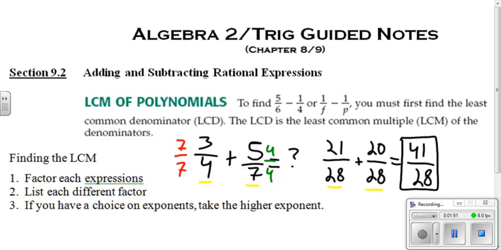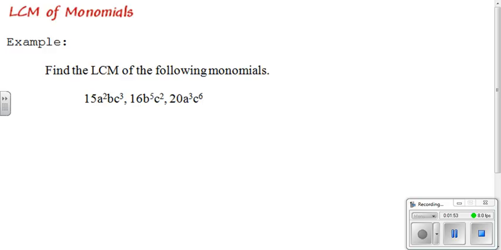Now we're going to look at how you do this when looking for the least common multiples of different polynomials and monomials. Before we carry it on to rational expressions, let's just see how to find the least common multiple of monomials. There's a couple rules here. For your variables, always just use the highest power.